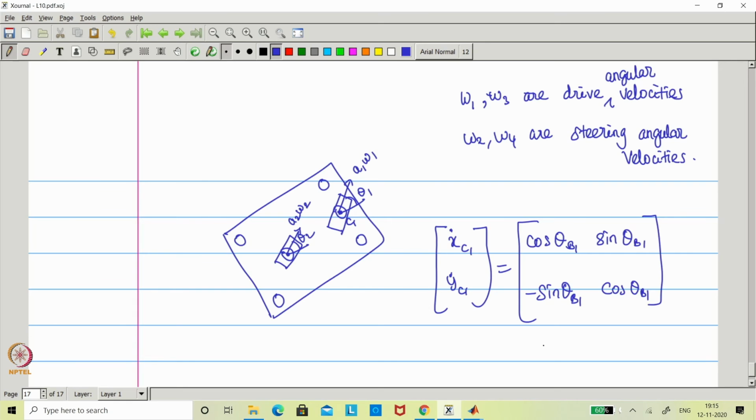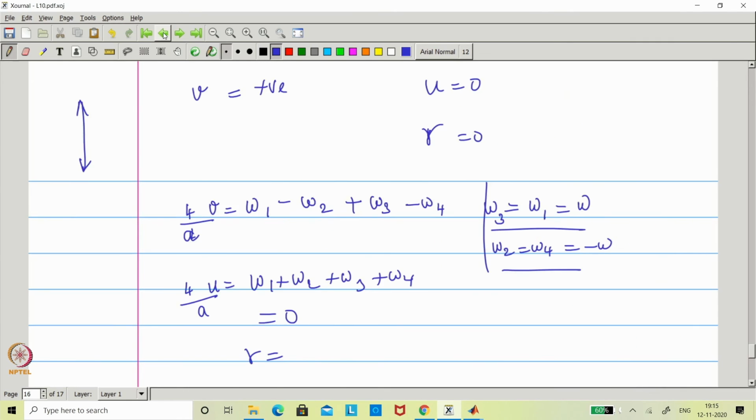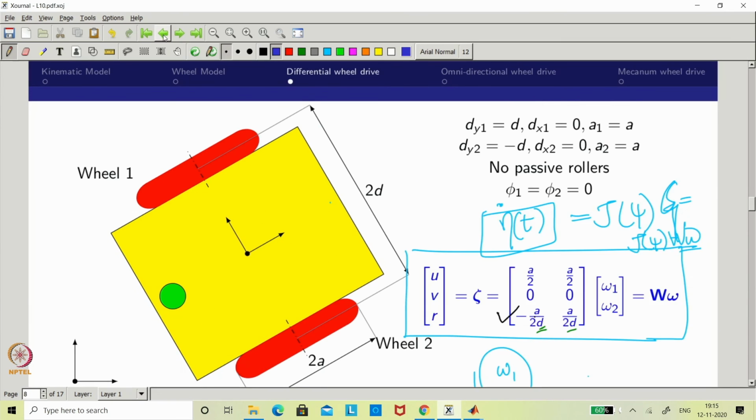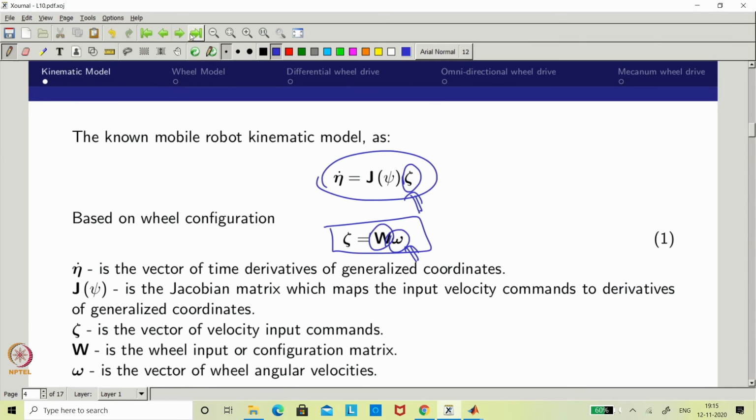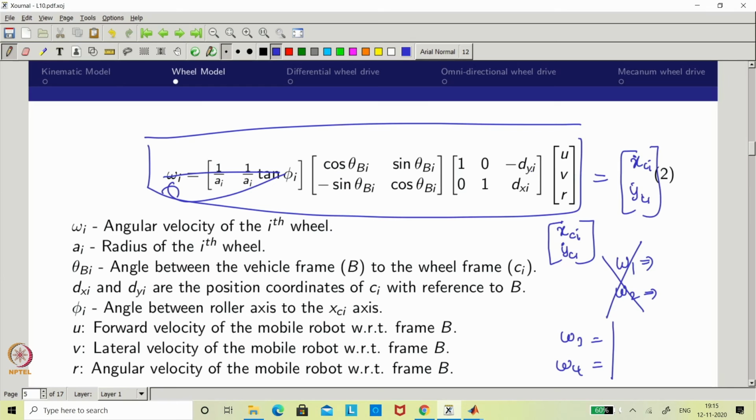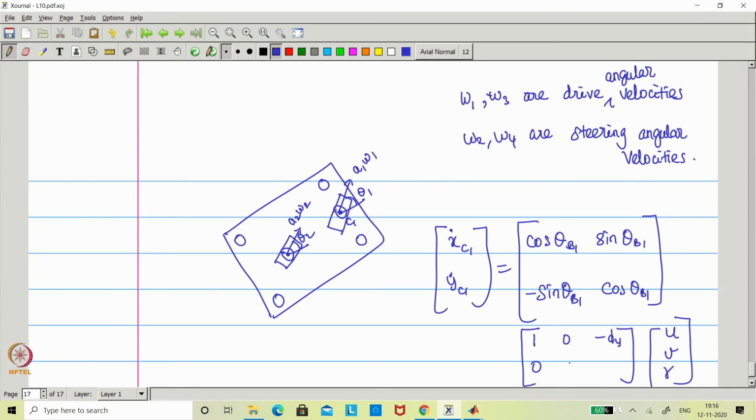This is the first matrix, and then you have u v r. Then this is 1, minus dy. I will cross check, because sometimes I might have used the notation differently. Yes, I have used it rightly. Then this is 0, 1, plus dx, right. These are the ith ones, so this is 1.